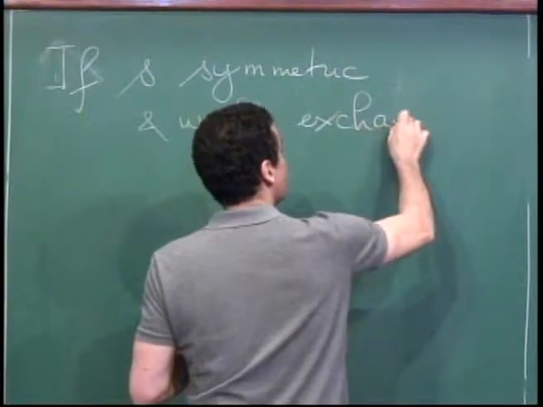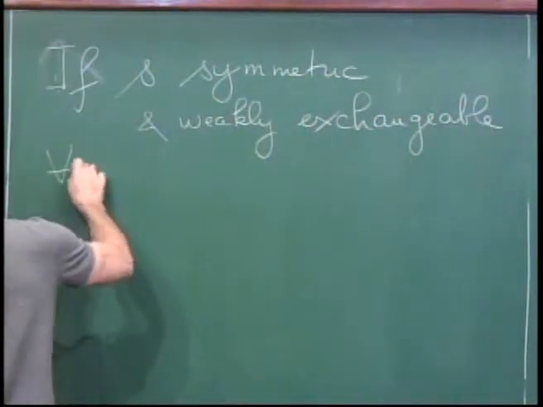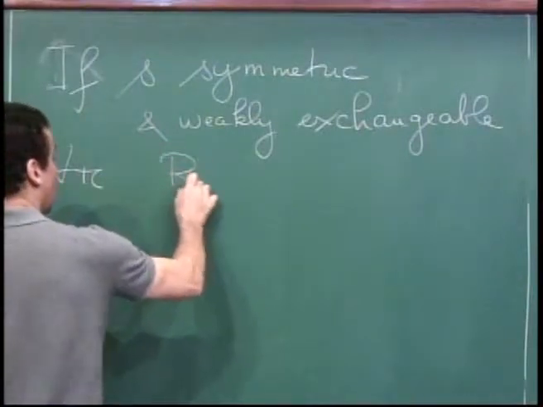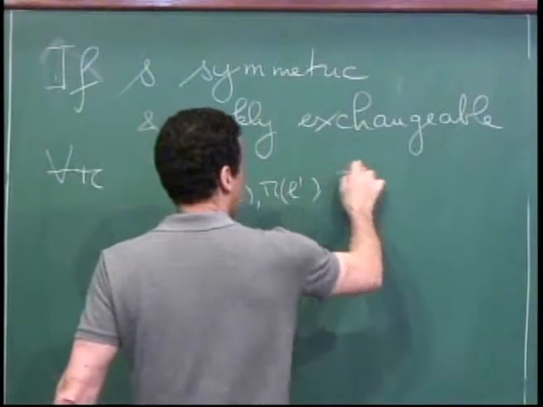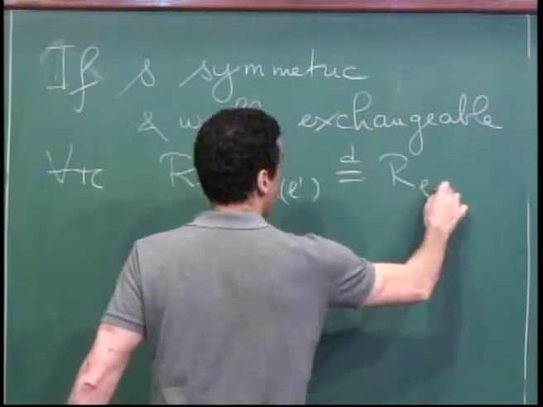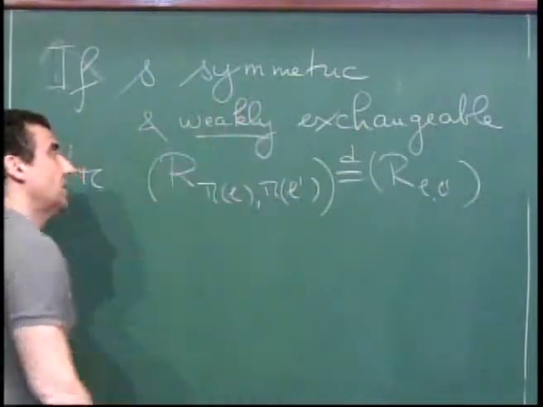So weakly exchangeable is what we used before. That is, for any permutation pi with a finite number of indices, R of pi L, pi L prime is in distribution R of L, L prime. It's weakly exchangeable and symmetric.